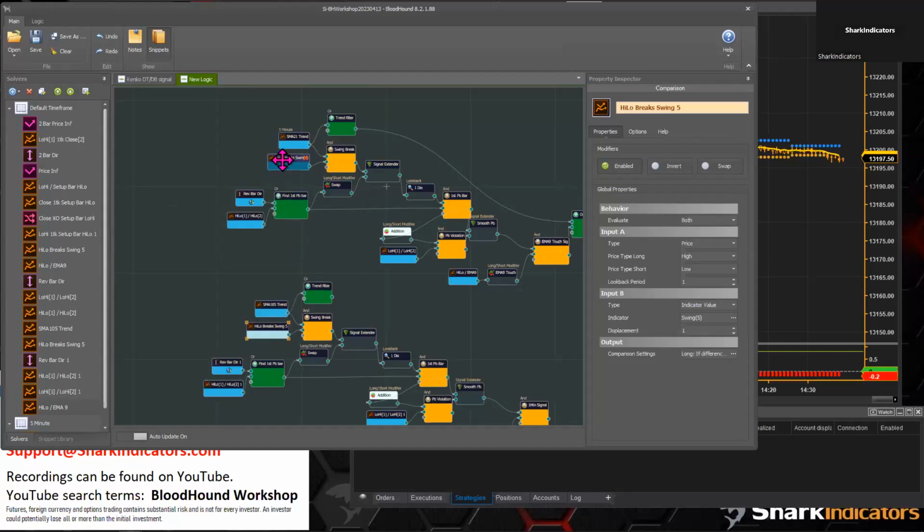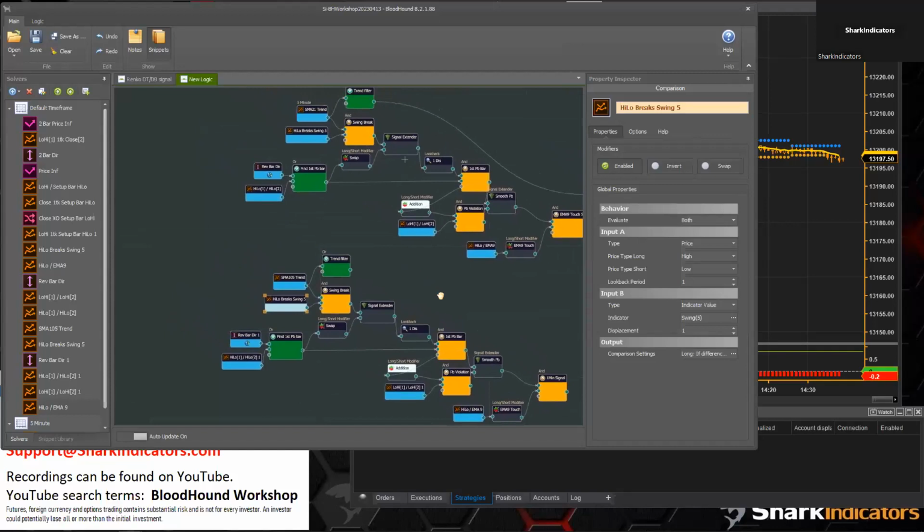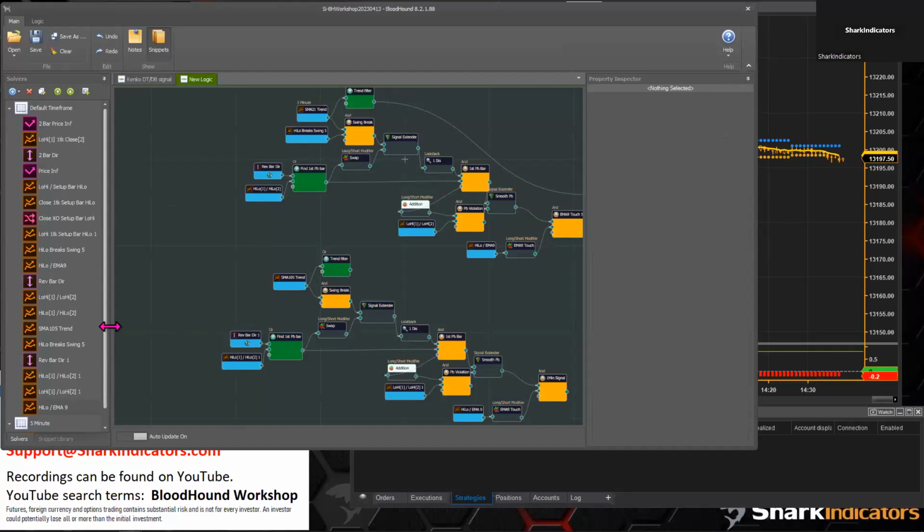But essentially, the swing break indicator is on the 1 minute chart, at least that's my understanding. So if you want to keep the swing break on the 1 minute chart for these different iterations, and you want to consolidate things, we can get rid of this copy here, this extra solver.